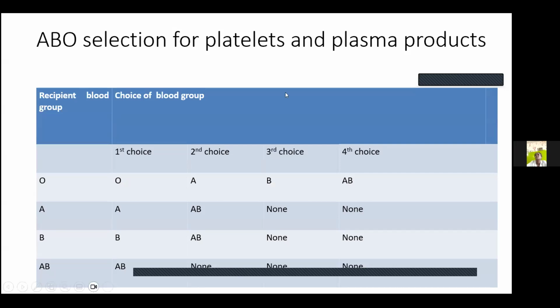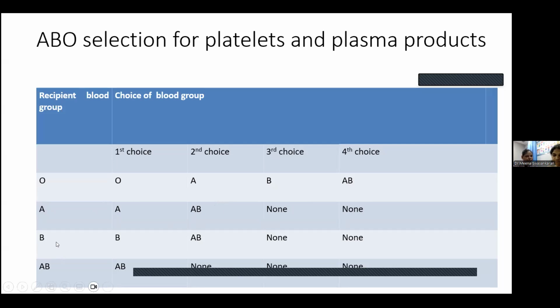Next, we'll see ABO selection for platelets and plasma products. If the recipient is O group, the first choice is O, the second choice is A, the third choice is B group platelet and plasma, and the fourth choice is AB group platelet and plasma. For an A group recipient, we can administer A group first choice, then AB group platelet and plasma.